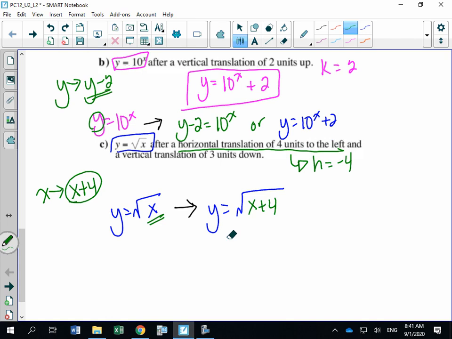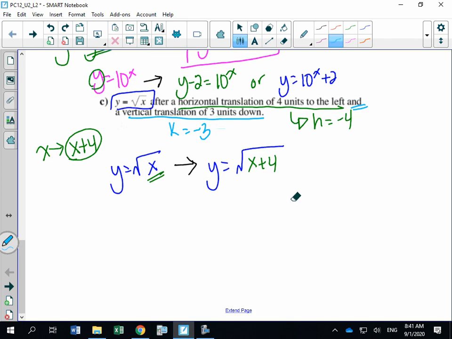Then what they want me to do is they're saying, okay, and a vertical translation of 3 units down. So I know that's my k value, and k is -3, right? They want to take my equation and go 3 down. So I know there's going to be a -3 on the end here, but how I get that with replacement notation is y is going to be replaced with y plus 3.